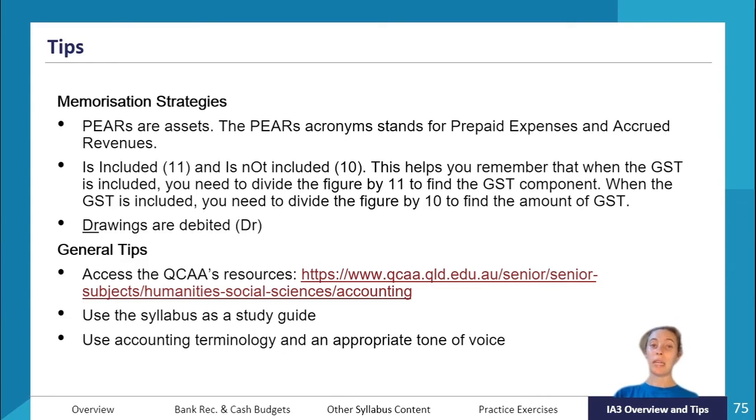Because it is included, you divide by 11, with the two I's representing the 1, 1. And then it's the opposite. If it's not included, you've got the O in "not" representing the 0 in 10.